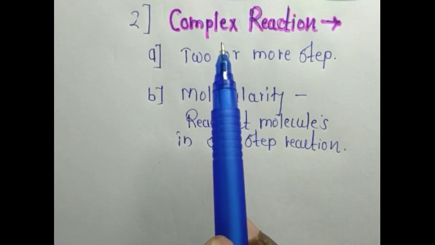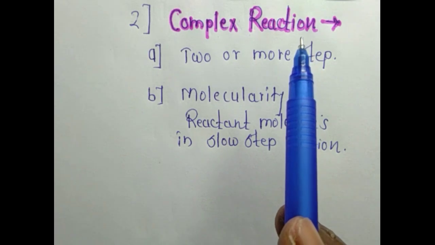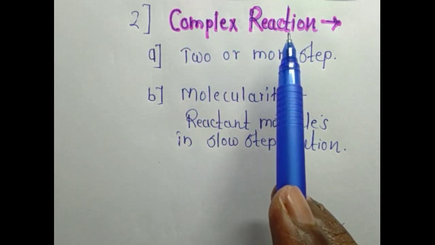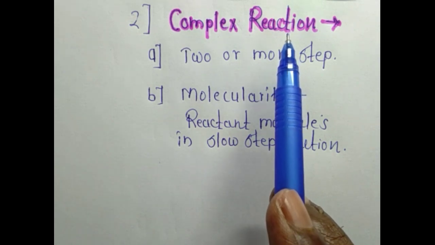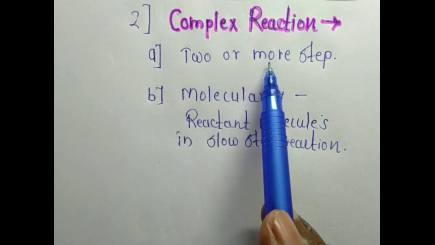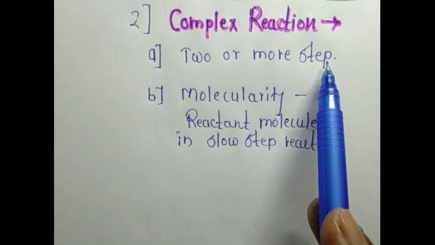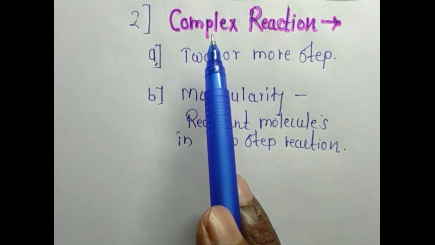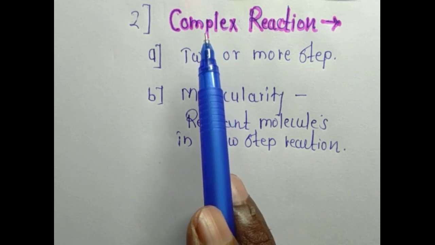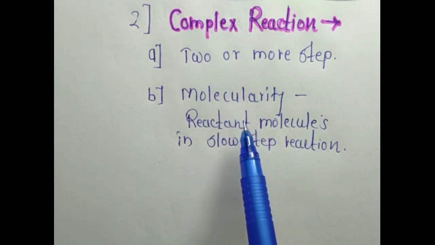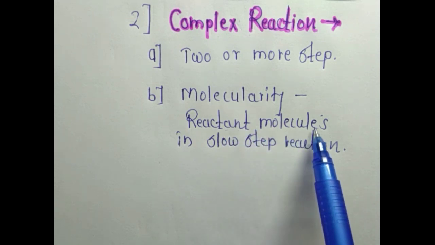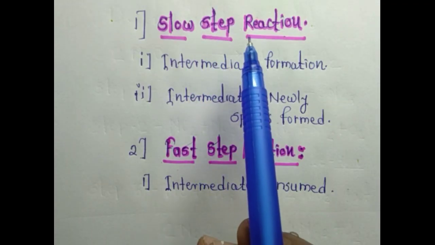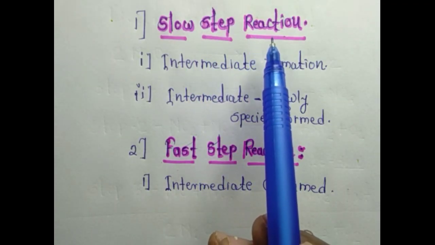The second type of molecularity of reaction is complex reaction. What is a complex reaction? A complex reaction occurs in two or more steps. And number 2, the molecularity of such a complex reaction depends upon the reactant molecules present in the slow step reaction. What is the slow step reaction in a complex reaction?